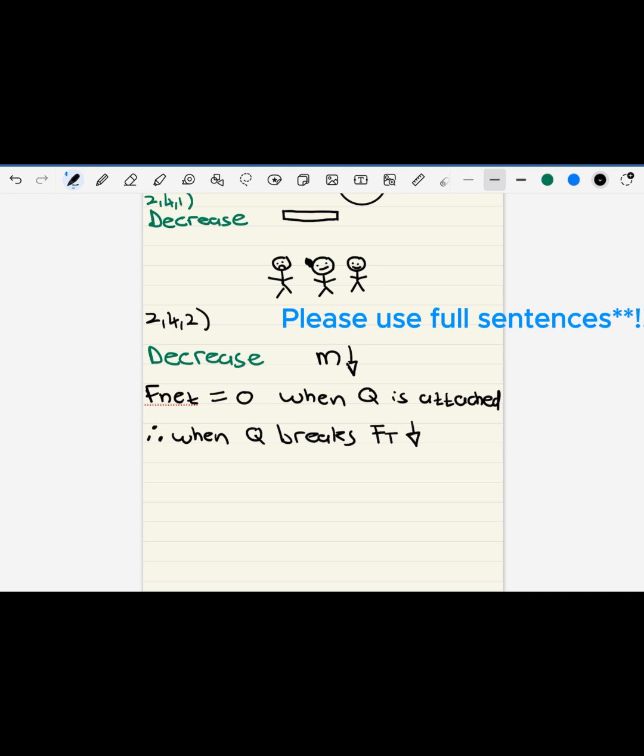meaning that F net is no longer equal to 0, and F net is acting to the left. The box was moving to the right, and now the box is being pulled by more of a force to the left.